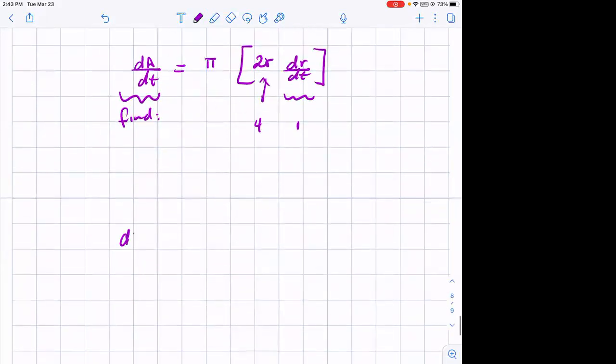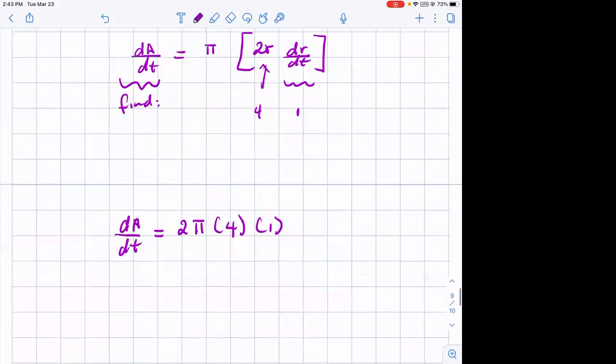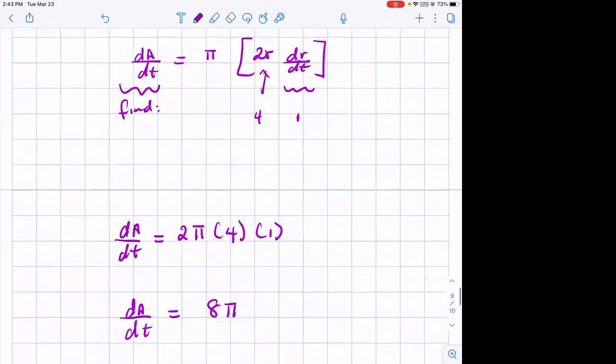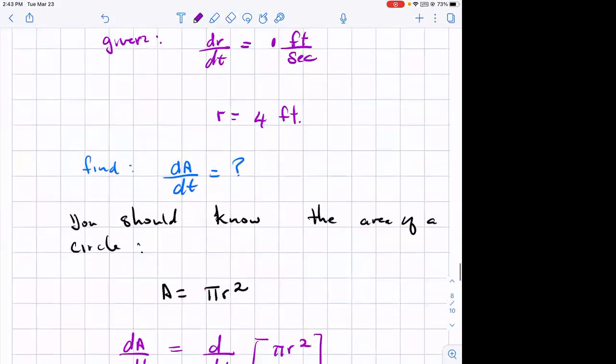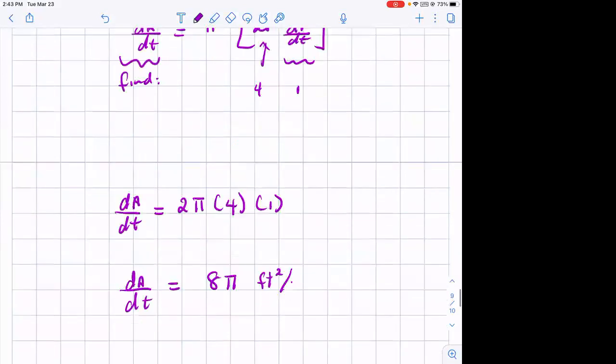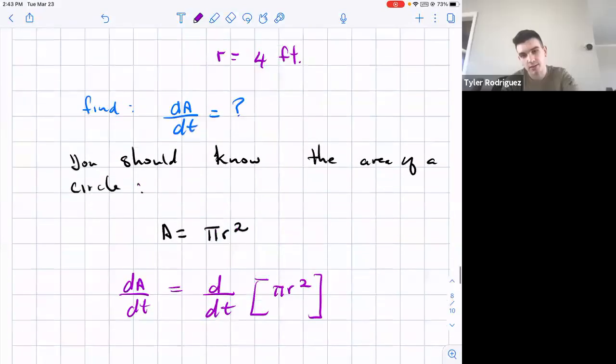So finally we have dA dt is equal to pi, 2 pi, then r is 4 and dr dt is 1. So dA dt is equal to 2 times 4 is 8 pi, and this is area per time, and the measurement here was in feet, so feet squared per, was it minutes or seconds?